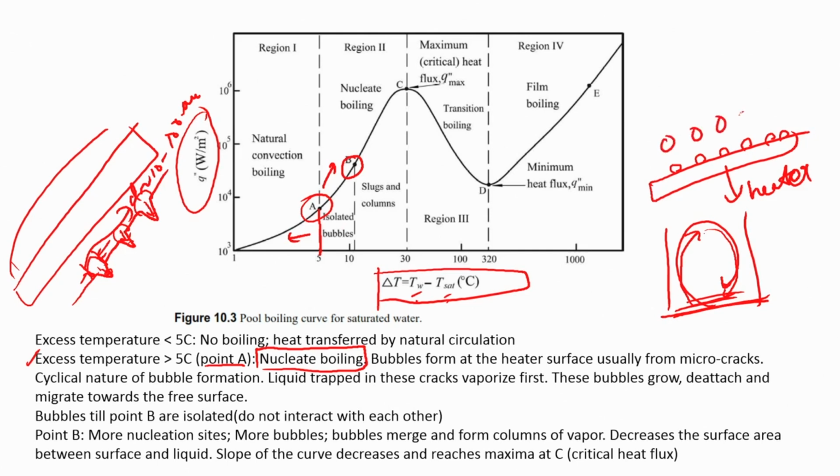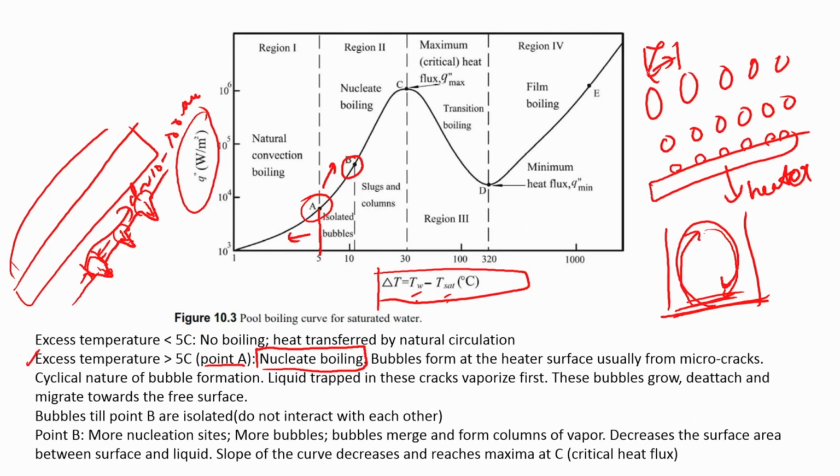These bubbles were very separate from each other as they were moving up. They were not cross talking, like we saw in the case of droplets. Here also the bubbles do not cross talk with each other. So the bubbles till point B are isolated, they do not interact with each other.